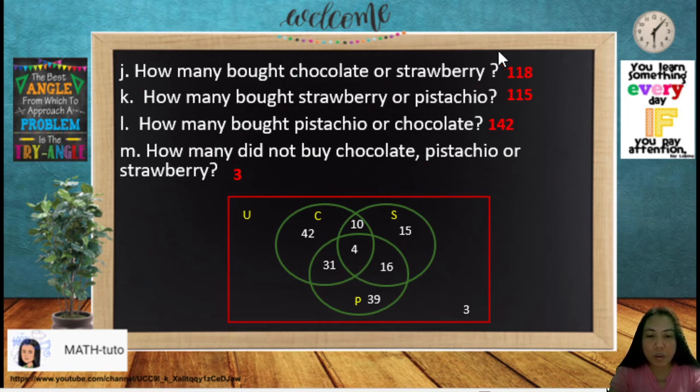Actually, there is another way for us to solve this, and that is we subtract the number of customers who only bought pistachio from those who bought all 3 flavors altogether. So, since the total here is 157, we can just subtract 39 from that, and the answer is 118. In this question, we can subtract 42 from 157, that is 115, and here 157 minus 15 is 142.